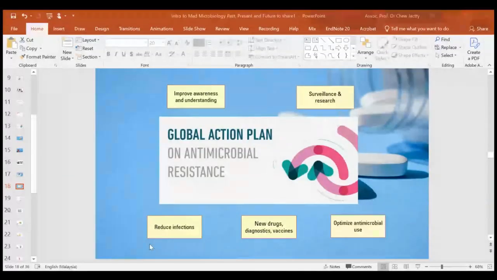So if there's no infection, no need for antimicrobial, no death, no mortality affected. Okay, and the other objective is to develop new drugs, diagnostic methods, and also vaccines. And the last objective is to optimize the antimicrobial use in the hospital and in the healthcare system.